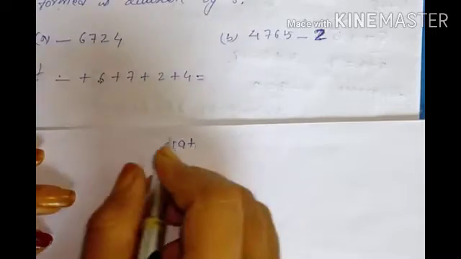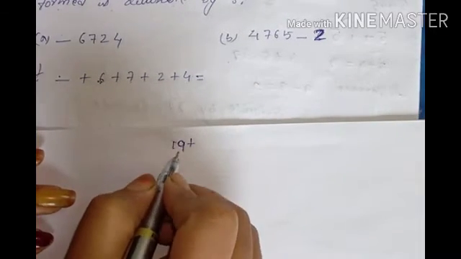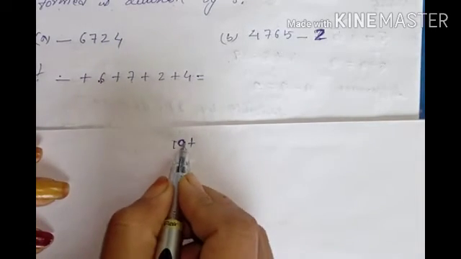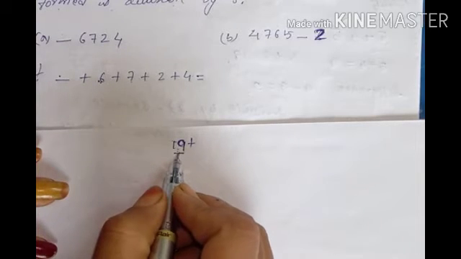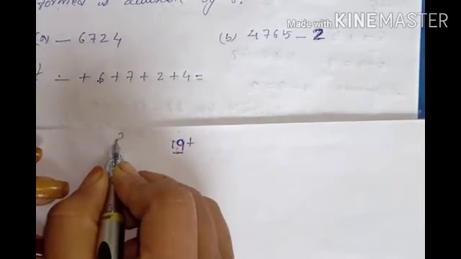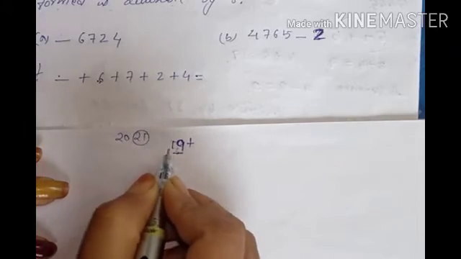Now 19 is not divisible by 3, isn't it? So nearest to this 19, which number will be divisible by 3? 20 is also not divisible, and next is 21. Now you can say 21 is divisible by 3, isn't it?